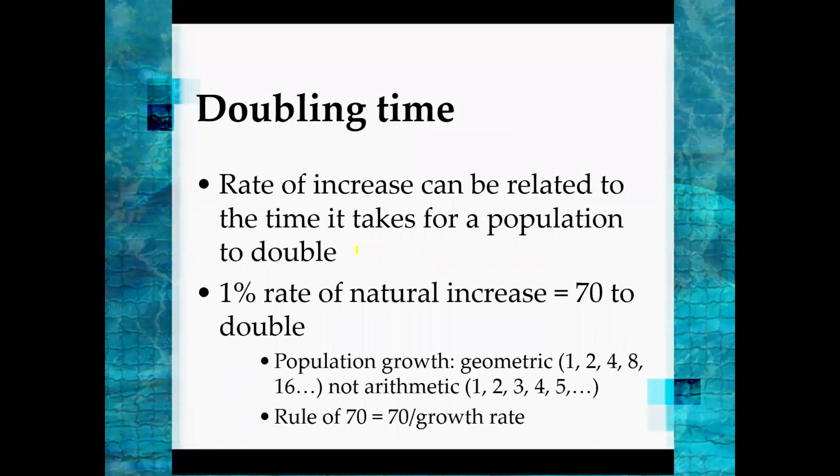And one more thing, the population doubling time. That's an important factor. According to theory, a 1% rate of natural increase takes 70 years to double. So if you suppose about the condition of India, if the natural growth rate of India is equal to 1%, that says India takes 70 years to double their population.